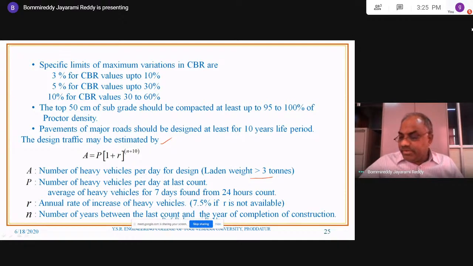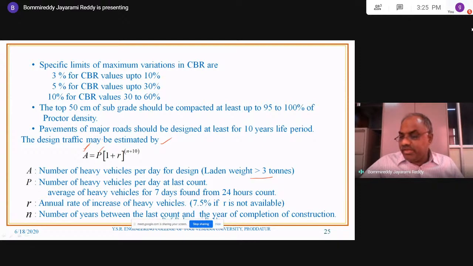So this P means the present vehicle population, the present number of vehicles, and A means the anticipated number of vehicles at the time of completion of construction of the highway. This A is found based on the present population of vehicles with the growth rate of r.